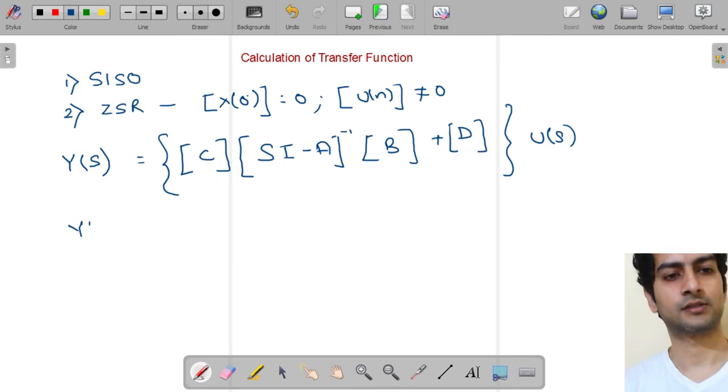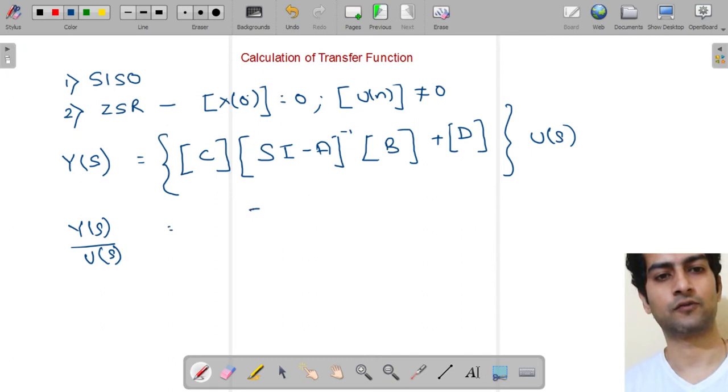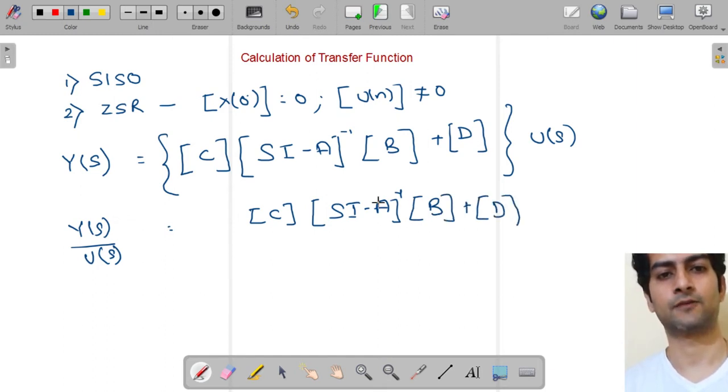Bring U(s) this side, Y(s) by U(s). What we will get? We will get C matrix (sI minus A) inverse B plus D. Fine.